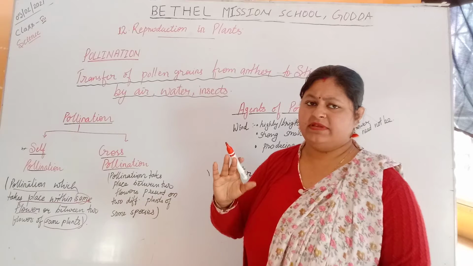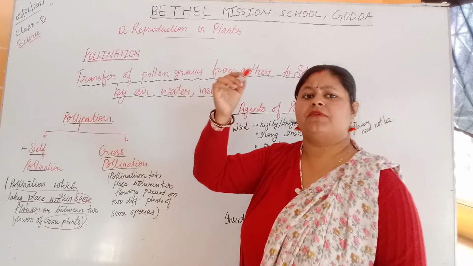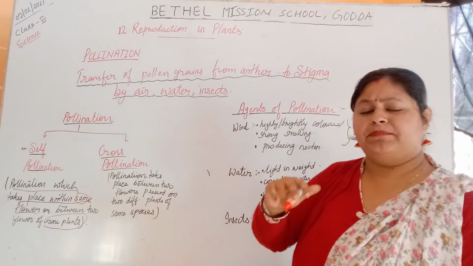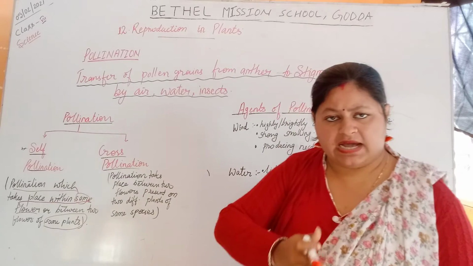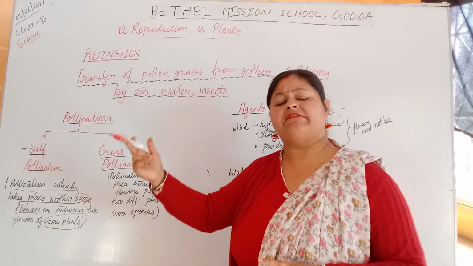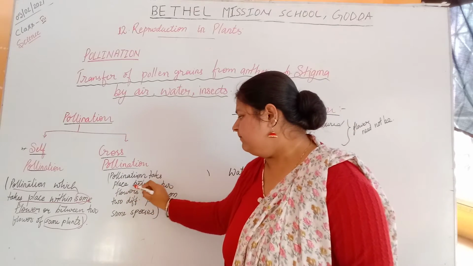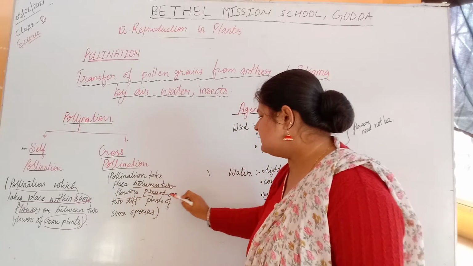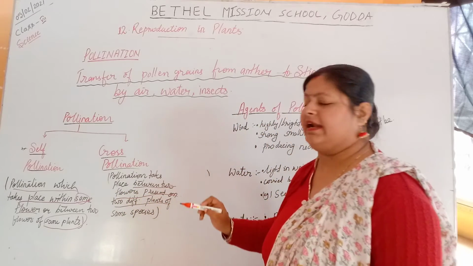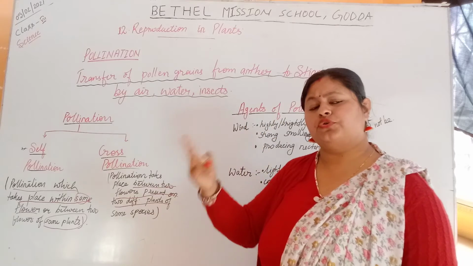It doesn't mean one flower or two flowers of the same plant. No, it takes place between the flower of one plant and the flower of a different plant. So between two flowers present on two different plants.